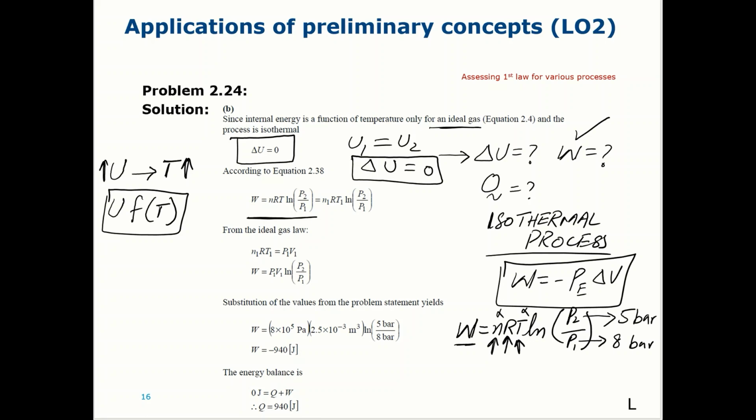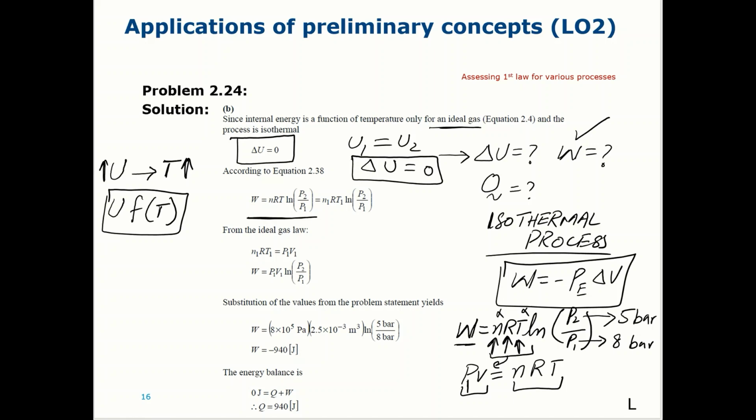Because it's an ideal gas, can we say PV is equal to nRT? So this nRT is equal to PV, and this nRT can replace PV, right? And what PV?